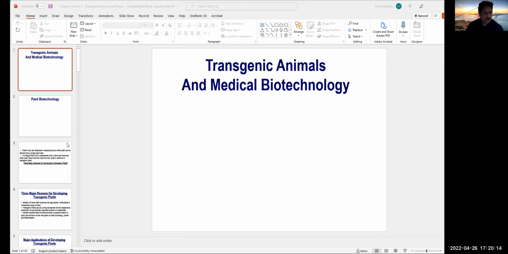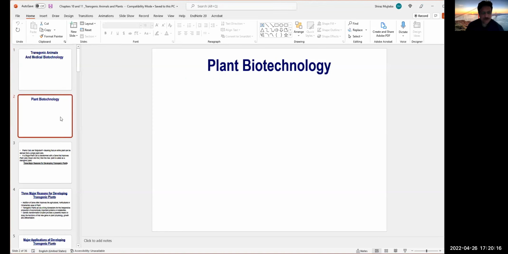So before going into transgenic plants, one way to define a transgenic plant is that if you take any living organism and genetically manipulate that organism by supplementing an additional gene, right?